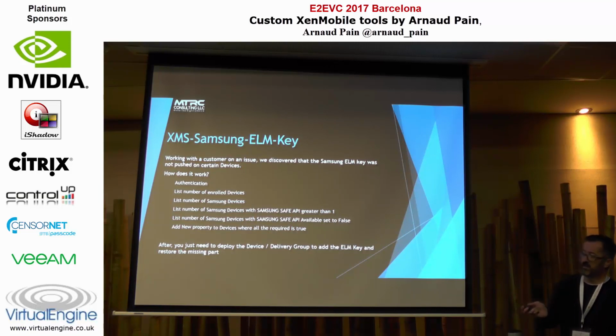This is the same customer I spoke about, with more than 9,000 devices enrolled and 600 devices with this problem. Manually changing the value on 600 devices was not possible, so I created the script.